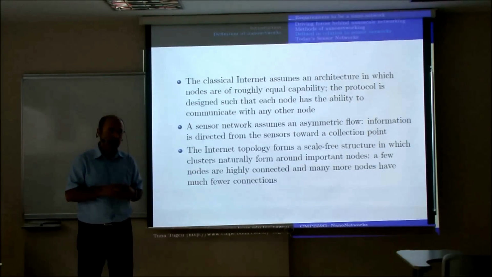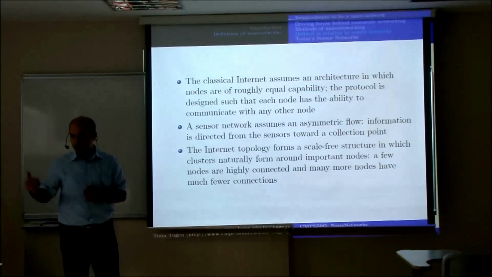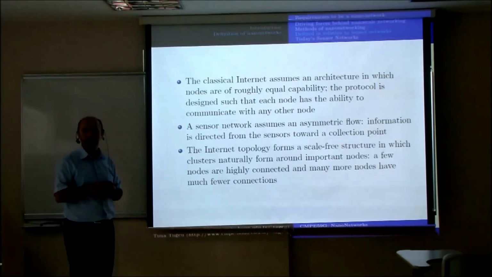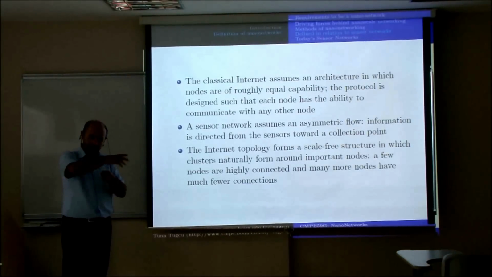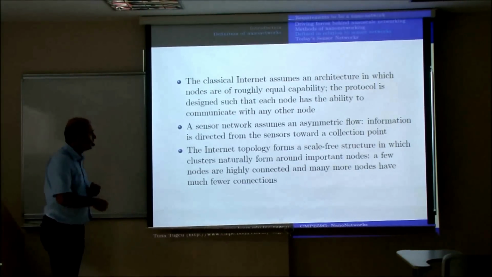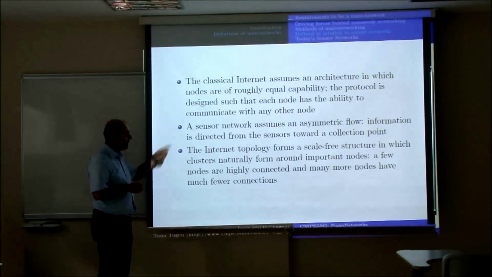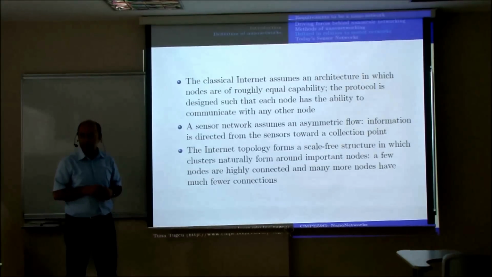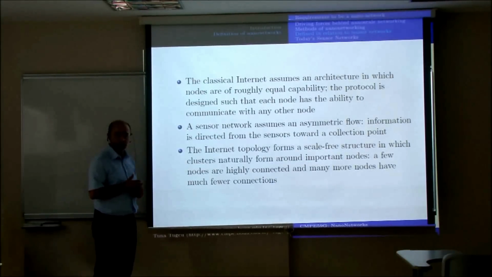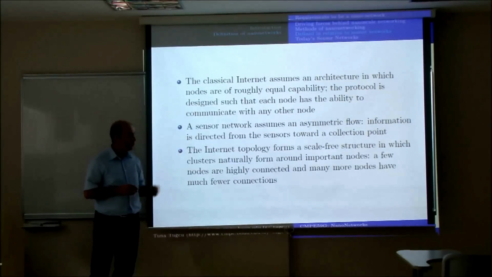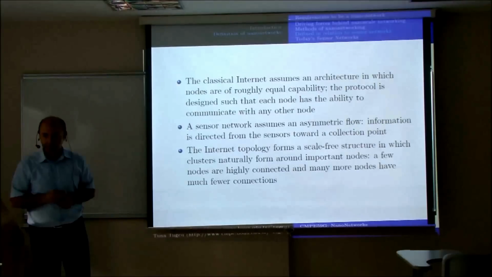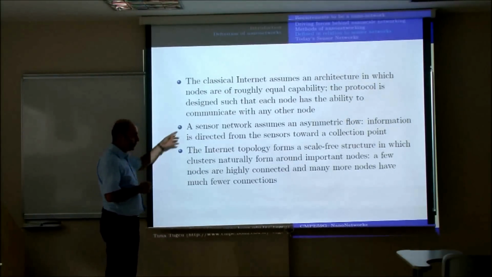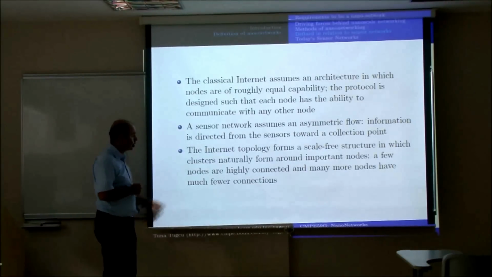Those important nodes tend to be either servers providing information to the nodes in the environment, or routers, which concentrate all the traffic from those nodes and carry it over a high capacity link. In the case of sensor networks, things are different. First of all, we're talking about an asymmetric flow. Information is directed towards one or a few collection points, which we call the sinks. This is much different from the classical internet approach.